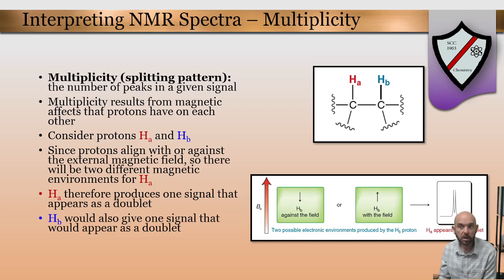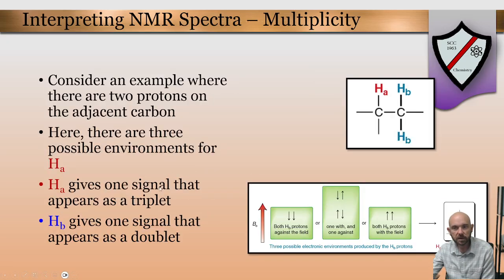Depending on whether one neighboring proton is aligned with or against the magnetic field, that can make the absorption of a neighboring proton a little bit less or a little bit more. So the number of chemically equivalent neighbors that a proton has will determine the multiplicity of the signal. And we'll look at the different consequences of that going forward.